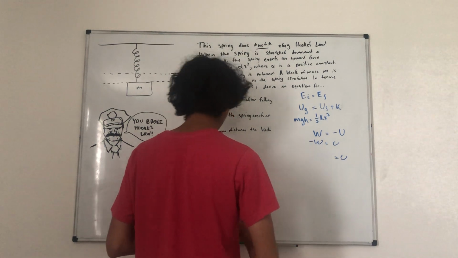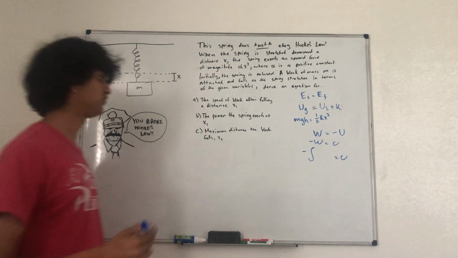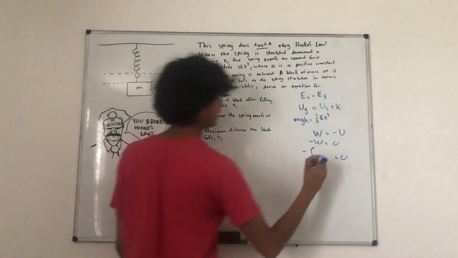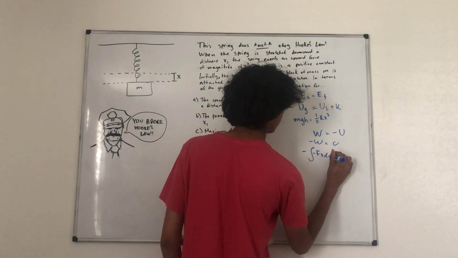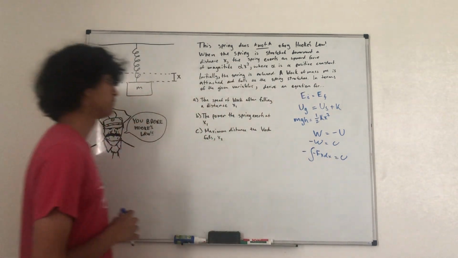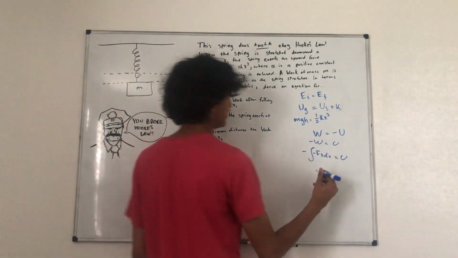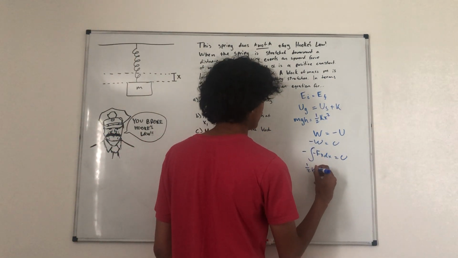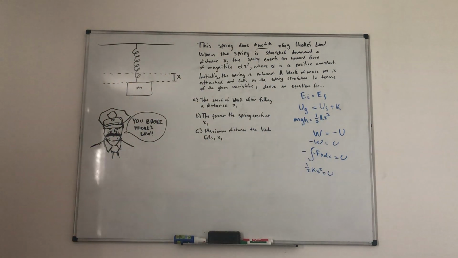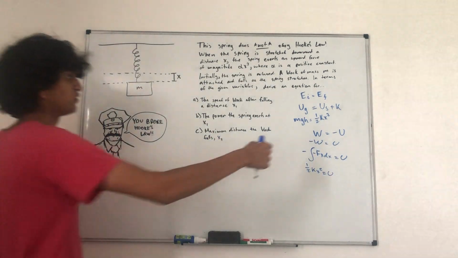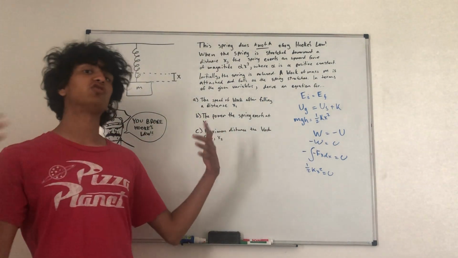So negative the integral of the force by the spring, F of x dx. If we integrate the Hooke's law force, we would get 1/2 kx squared equals U. In other words, the reason U spring is equal to 1/2 kx squared is because the spring we're dealing with obeys Hooke's law.